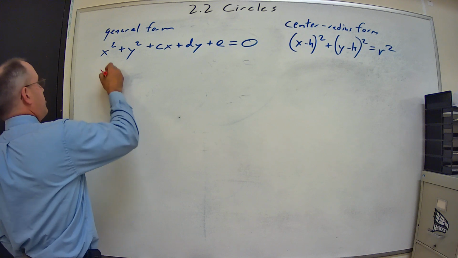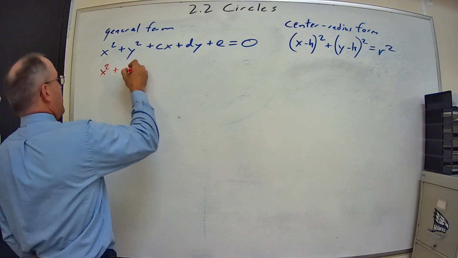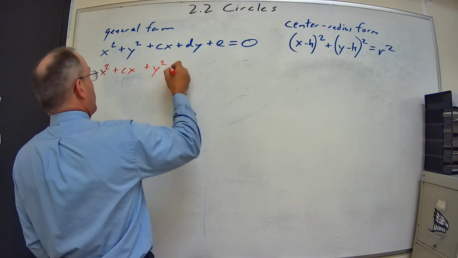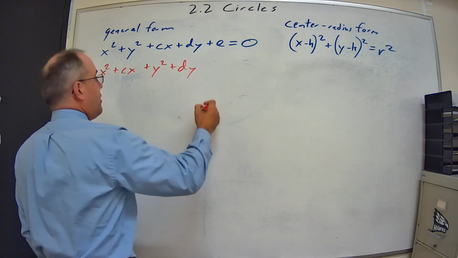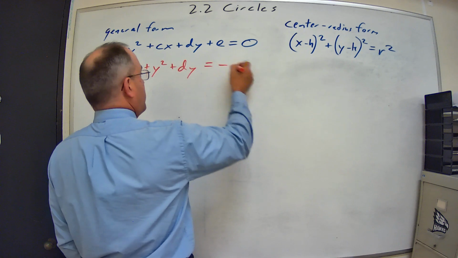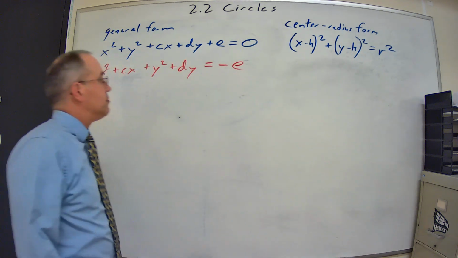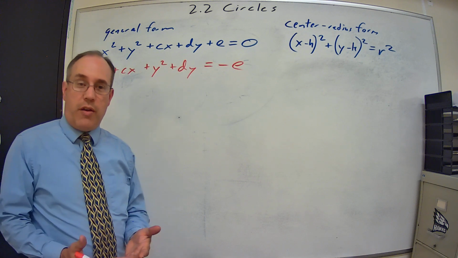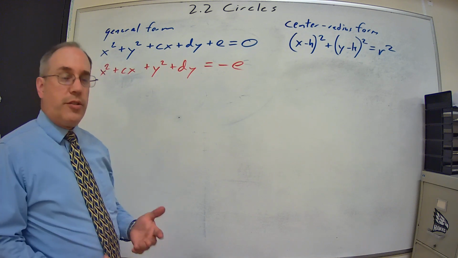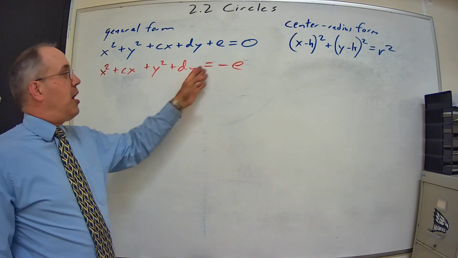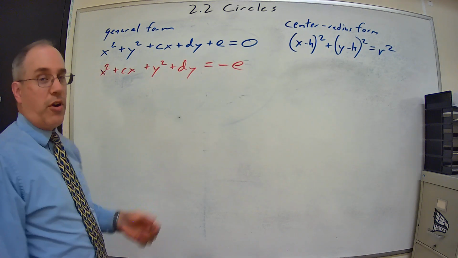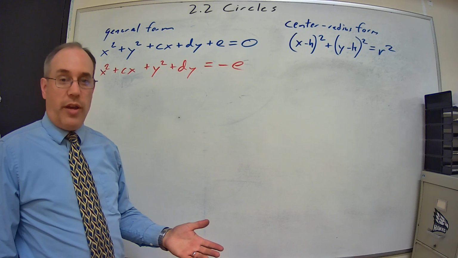So I'm going to change this to x squared plus cx plus y squared plus dy is equal to negative e. Well, why did I do that? Well, remember when you're completing the square, what you want to do is put the constant over the other side. First thing you do is you check and make sure that your leading coefficients are 1.